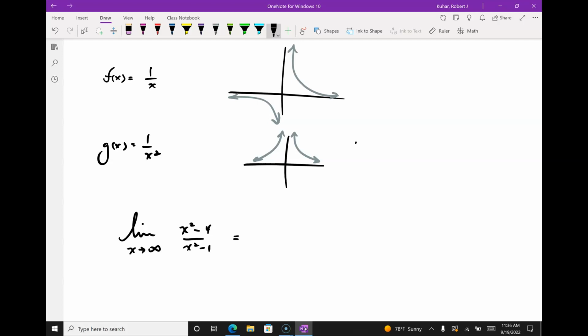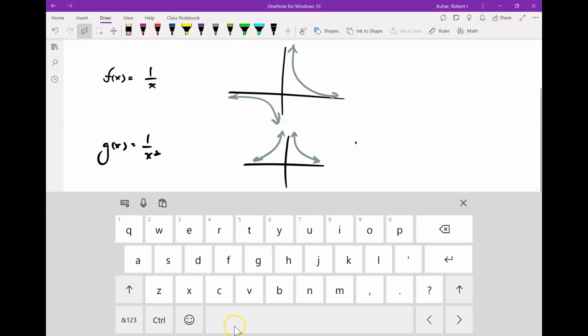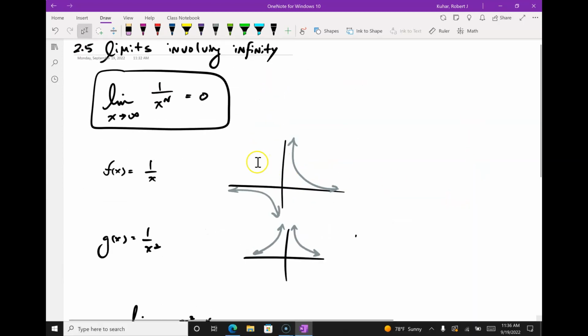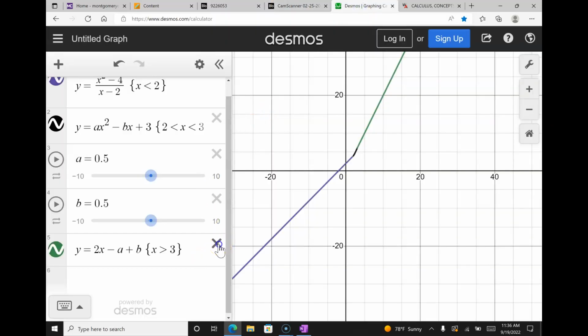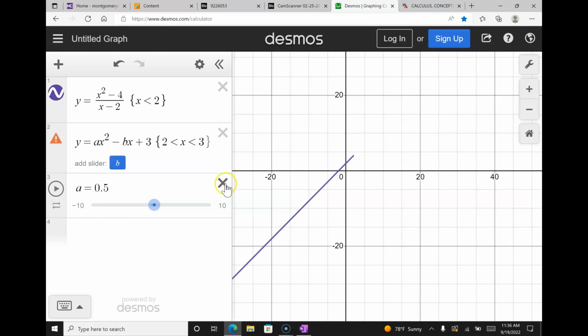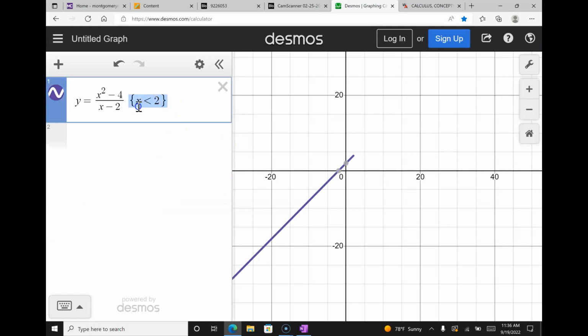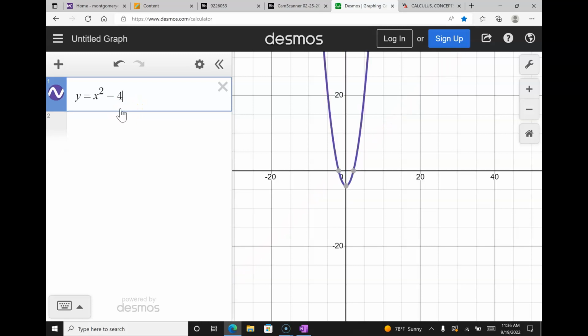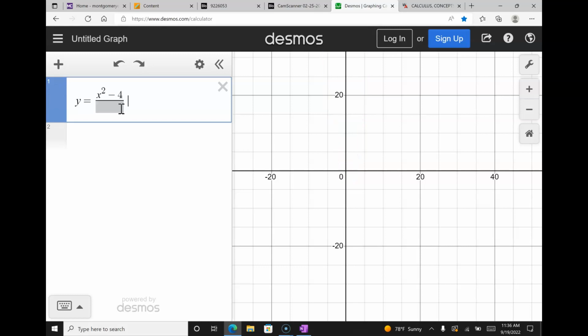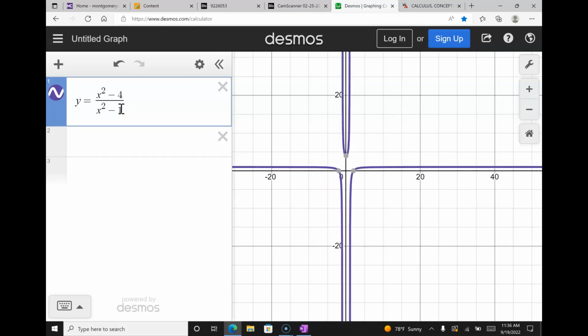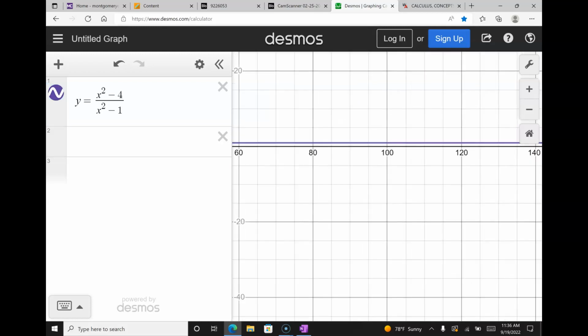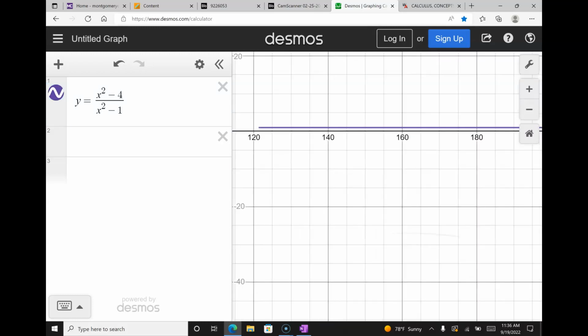If we graph this, and we look out to that future, was it x squared minus 1, right? Oops, sorry. Right, you can kind of see, well, you can see it right away.